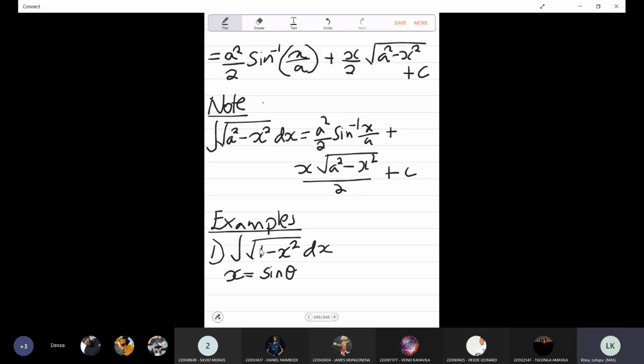Then we differentiate. We have dx is equal to cos theta d theta. From there, we make our substitution. For x squared, we will put sine squared theta. For dx, we put cos theta d theta, and then simplify, integrate, and then substitute.